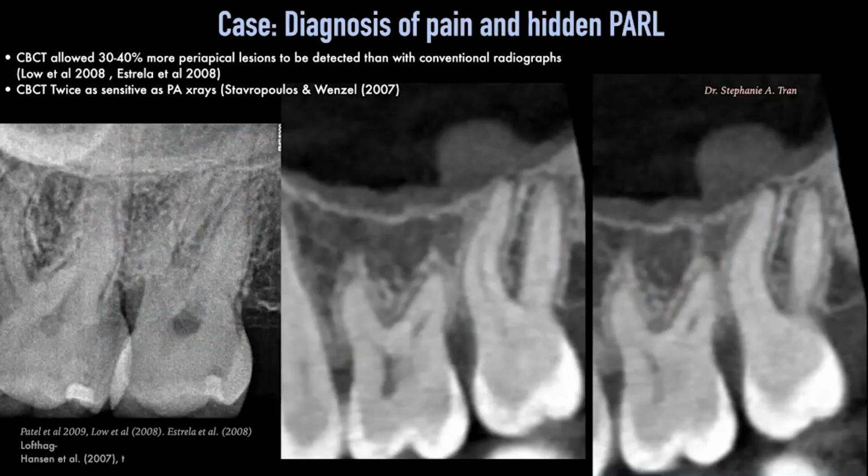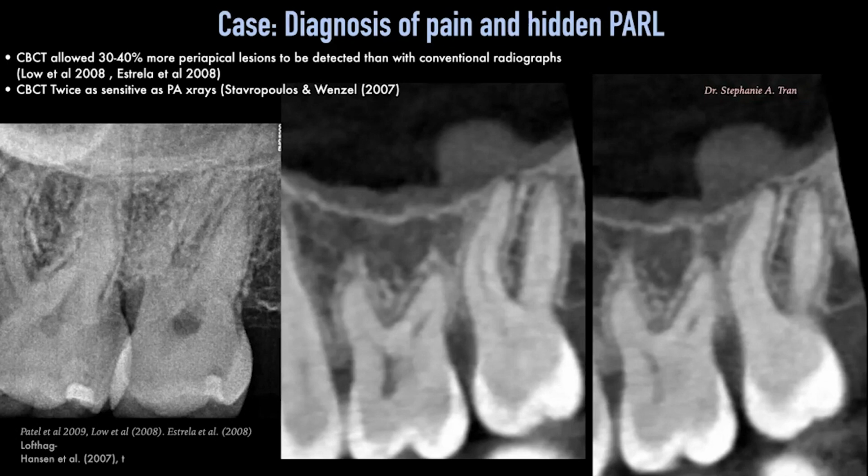Now let's go over some cases that give really great examples of when CBCT has been really key in making better diagnosis, but it can also show you why endodontic diagnosis and treatment planning is not necessarily as easy as it looks. The CBCT does show a lot of the hidden secrets, we might like to say, about the tooth itself.